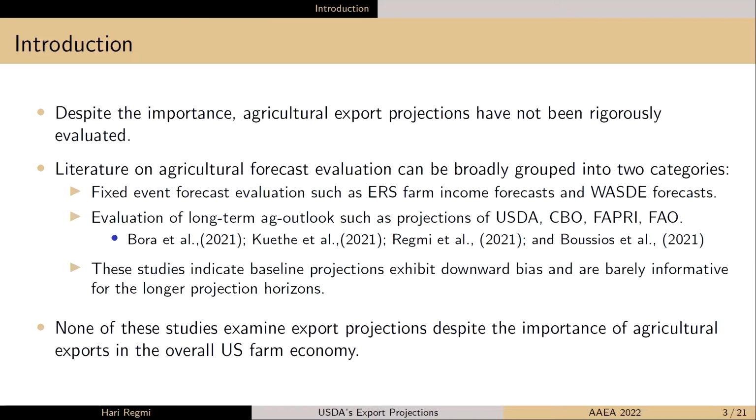Similarly, other studies evaluate US farm income, but none of these studies evaluate agricultural export projections, despite ag exports being important in shaping US farm policy. Those studies also indicate that the baseline projections underestimate actual value. It's called a downward bias in the forecast evaluation literature. That means the projection or forecast is lower than the actual realized value.